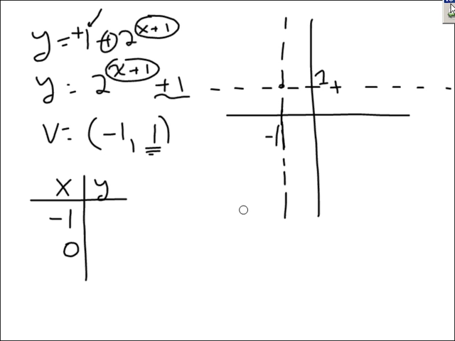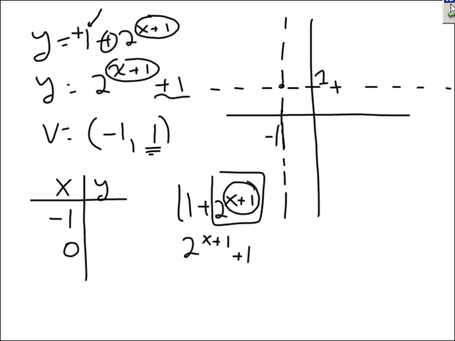I want to pick x values and make the exponent 0 and 1. Okay, negative 1. 1 plus 2 to the x plus 1, or 2 to the x plus 1 plus 1. Doesn't matter. When x is negative 1, this is 0. 2 to the 0 is 1. 1 plus 1 is 2.